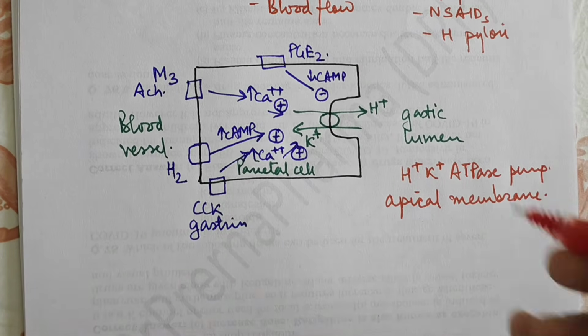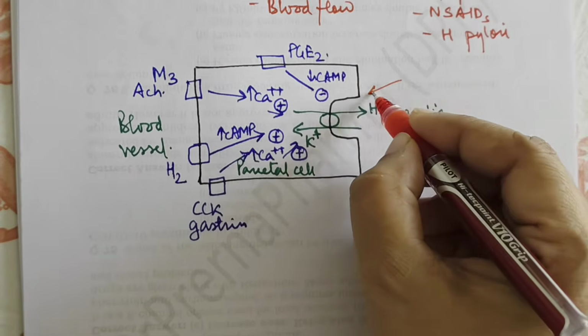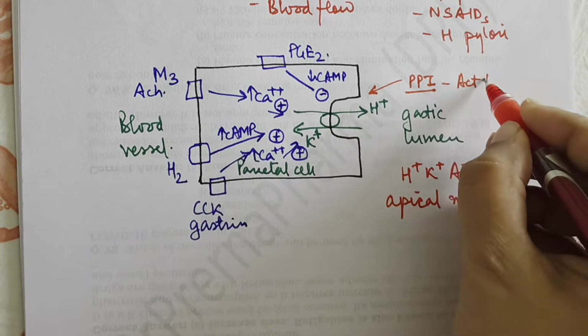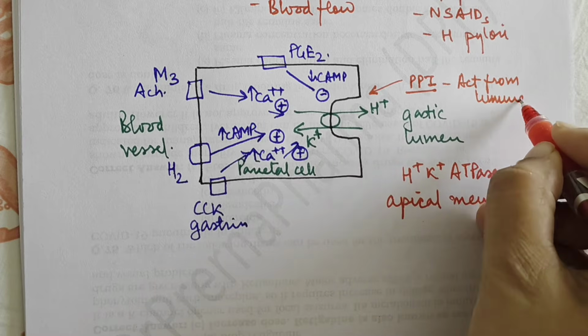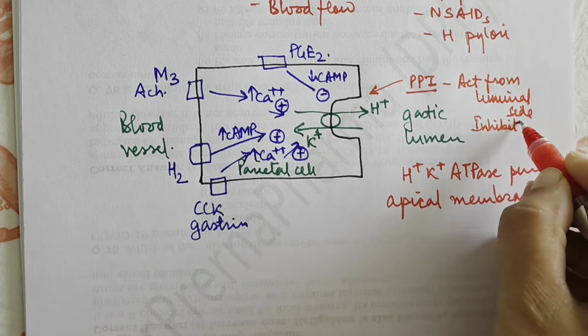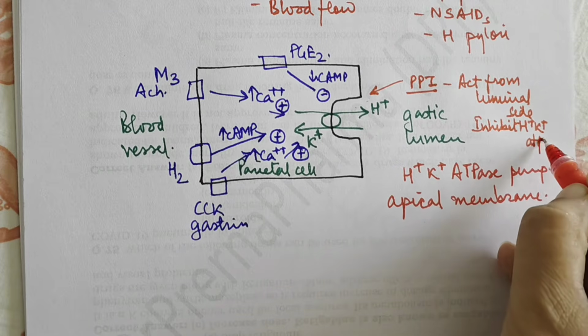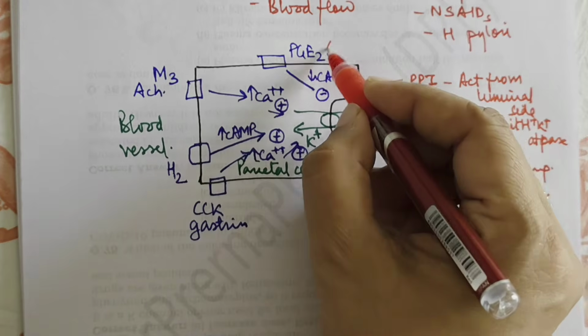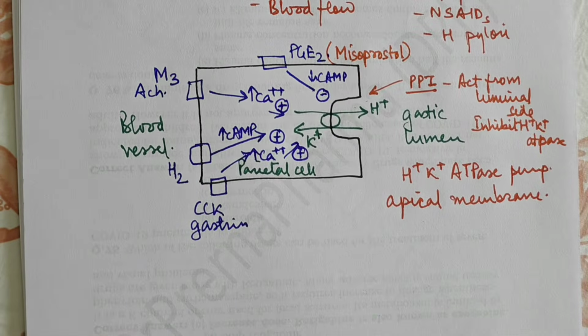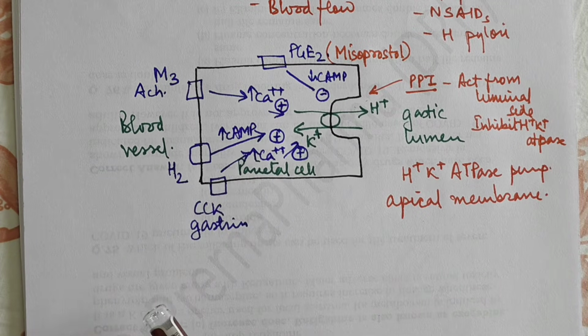So let's understand what are the drugs. Now the first drug I'll discuss is proton pump inhibitor. Okay, now proton pump inhibitors act from the luminal side and they inhibit the hydrogen potassium ATPase pump. Okay. Then for prostaglandins, we have a drug which is called misoprostol. This misoprostol is a prostaglandin analog and will increase the mucus, increase the bicarbonate and the blood flow and reduce the acid.